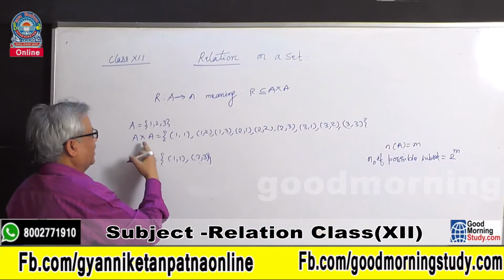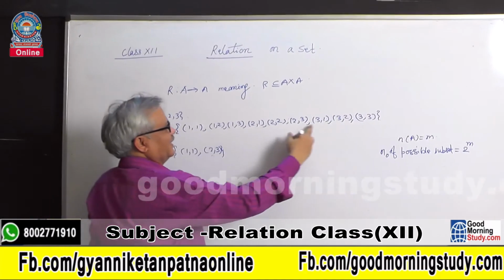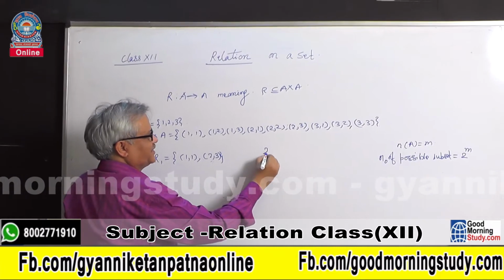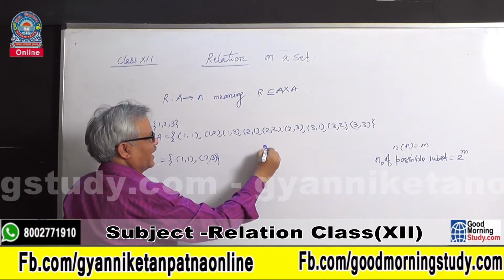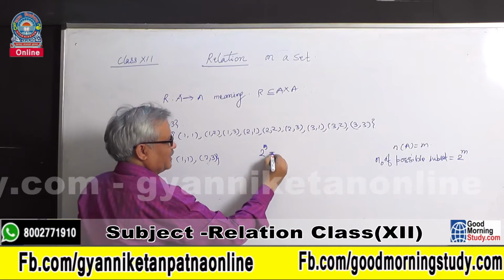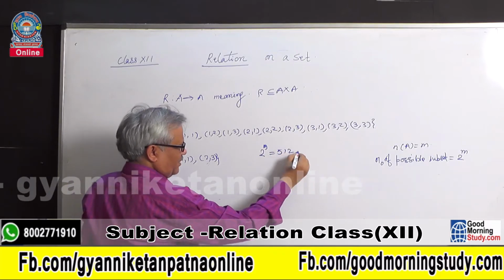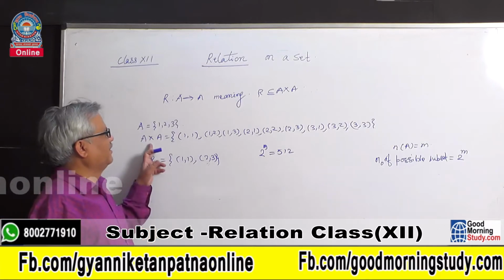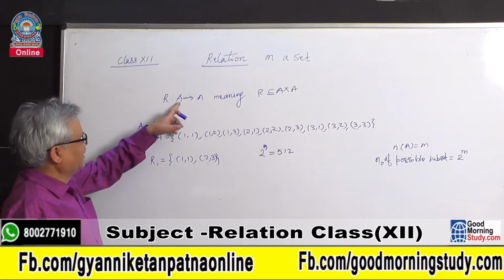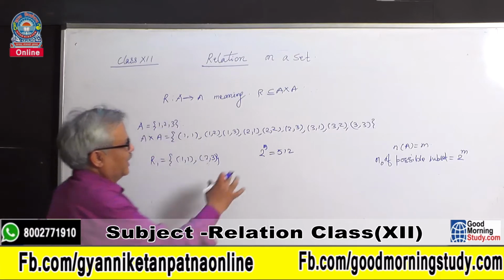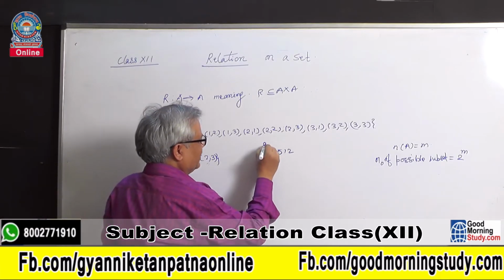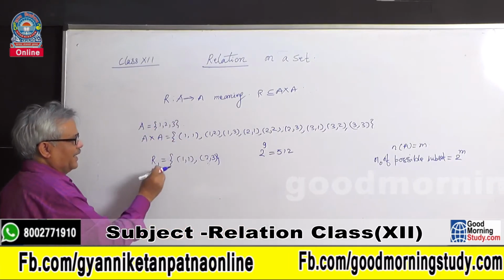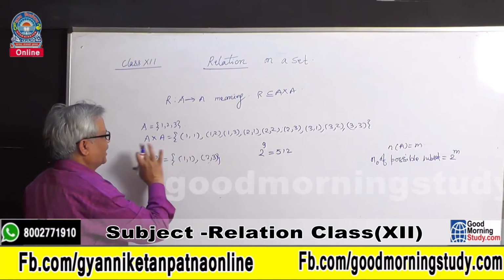According to that, here we have 9 elements in A cross A. So how many subsets are possible? 2 to the power 9 subsets are possible, that is 512. 512 different types of relations we can have on the set A to A. So as many subsets are here, that many different kinds of relations we can define from the set A to A.